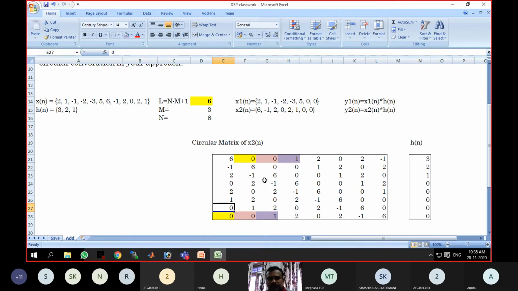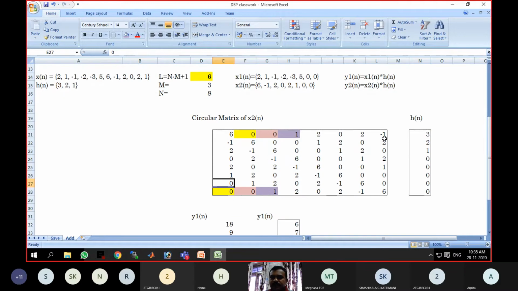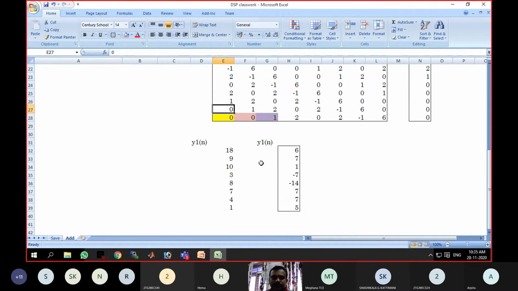So it creates the circular matrix of x2 of n. Then the matrix multiplication is carried out, and this one becomes y2 of n. Okay, so y1 and y2 we got.